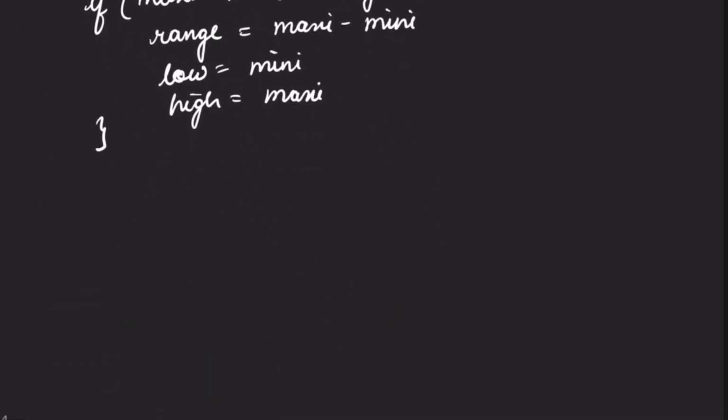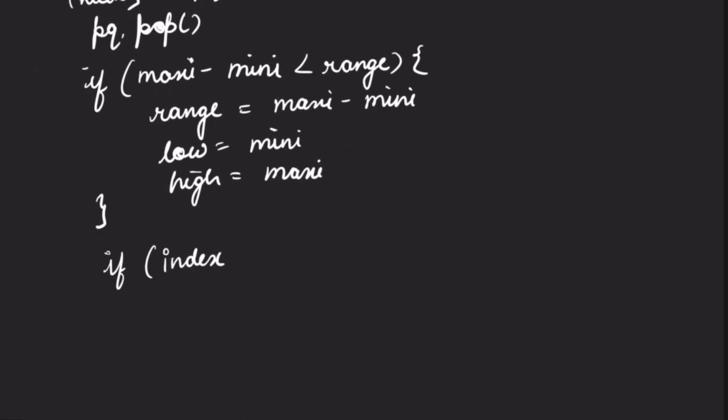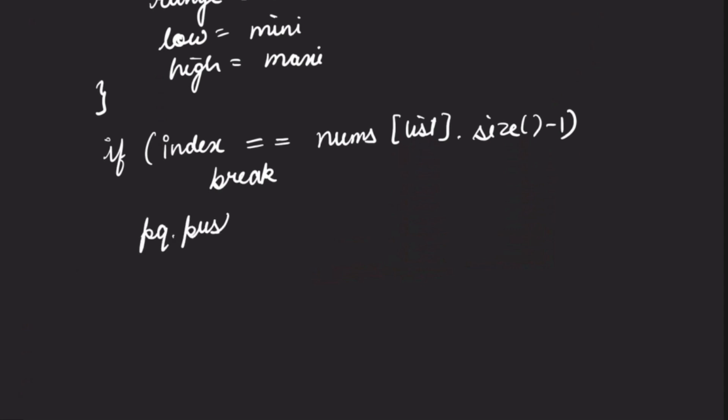So here we will check: if your index, which you got from here, the index of 0 in the list, is equal to nums of list dot size minus 1, then, since this list is the array in which 0 is present and index is the index of 0 in list, if this index is equal to the index of the last element in list, we will break out of our while loop. Otherwise you will push your next element, and we are inserting three things now. The first thing is your element.